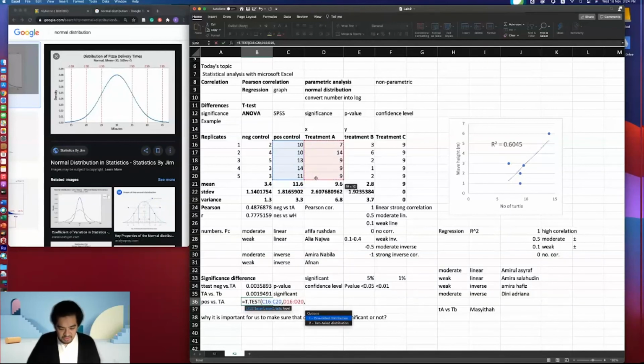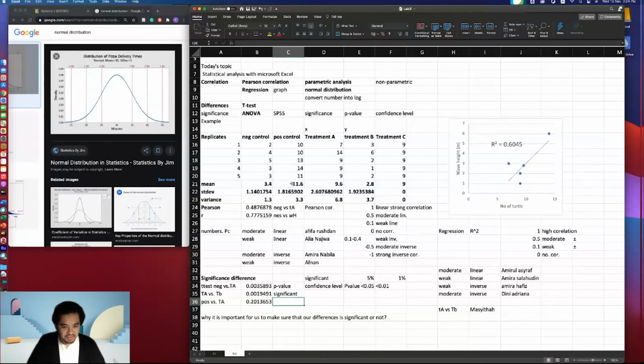You choose 2, then 2-tail, and then unequal variance. In this instance, it indicates 0.2. Since the confidence value I chose is less than 0.05, the difference, you guys notice, the average mean is different. This is 11.6 and 9.6, but they are not significant.